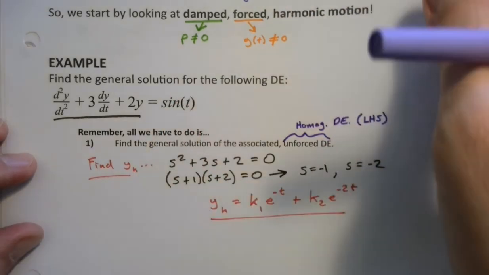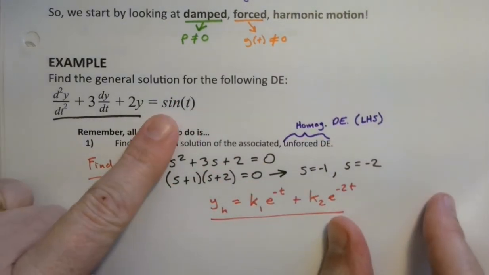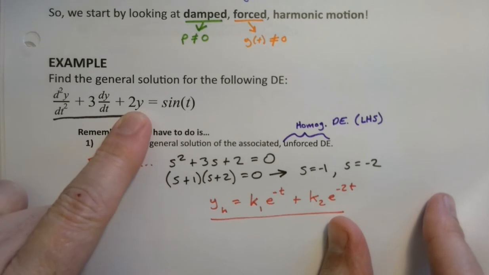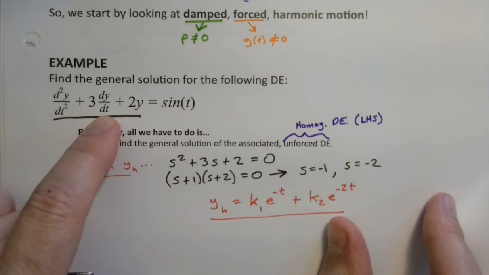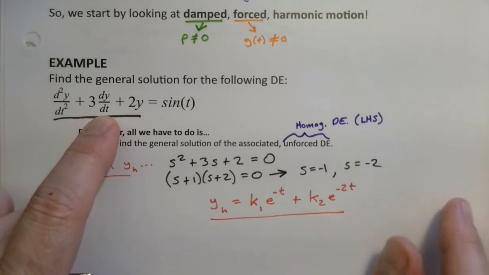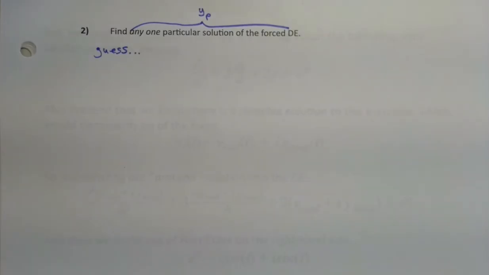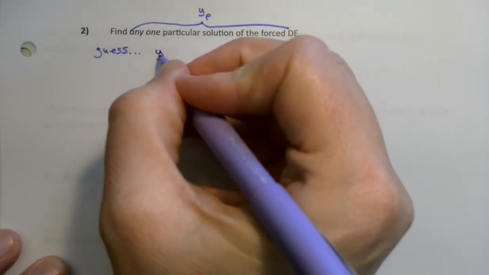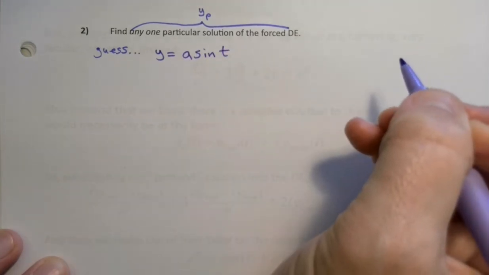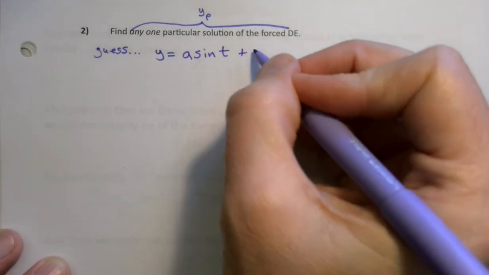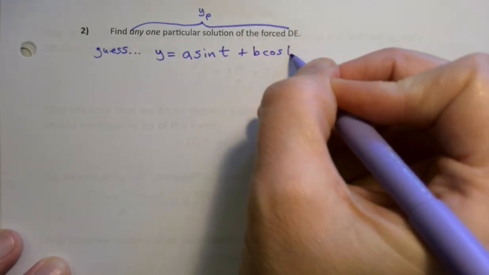Now the problem with saying that my guess is just going to be some constant times sine is that the first derivative of sine is cosine. So I'd be introducing a cosine if I just had a guess of sine. So we're going to avoid the hiccup of having a problem with our guess by, rather than just saying it's a times sine of t, also introducing a cosine term. So b times cosine of t.